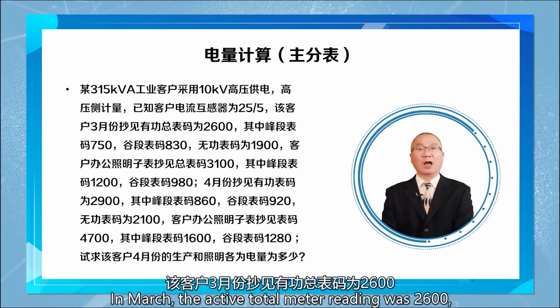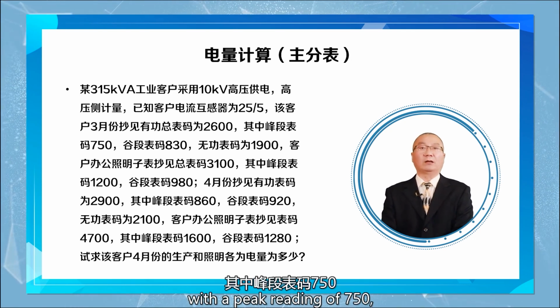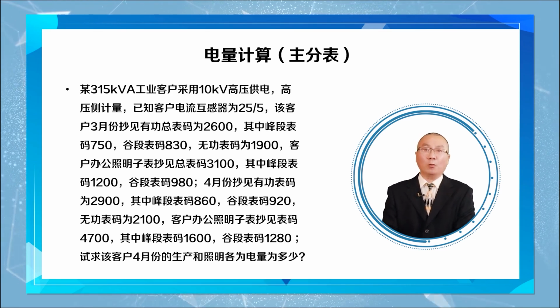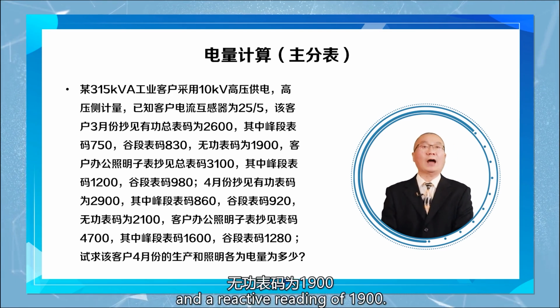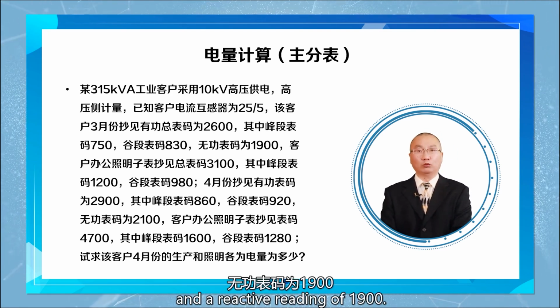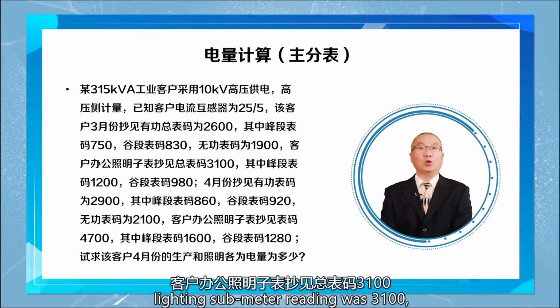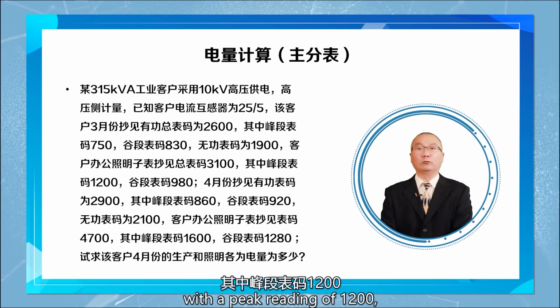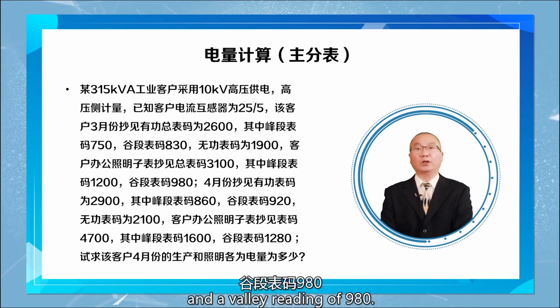In March, the active total meter reading was 2,600 with a peak reading of 750 and a valley reading of 830 and a reactive reading of 1,900. The customer's office lighting submeter reading was 3,100 with a peak reading of 1,200 and a valley reading of 980.